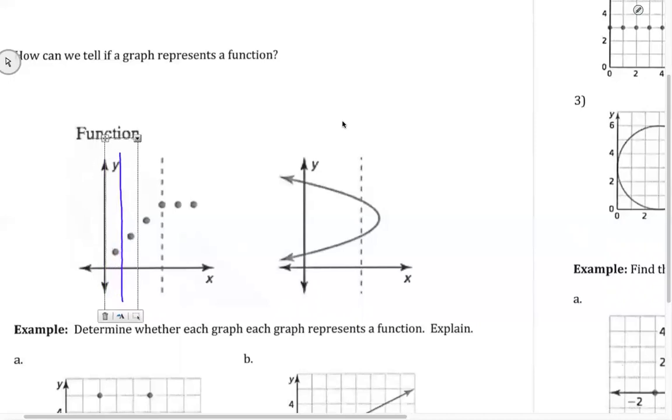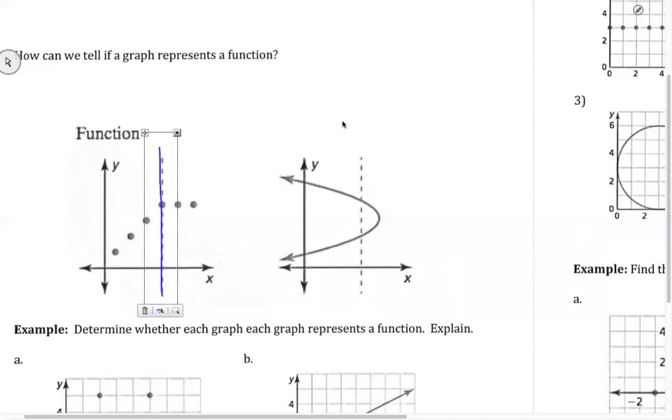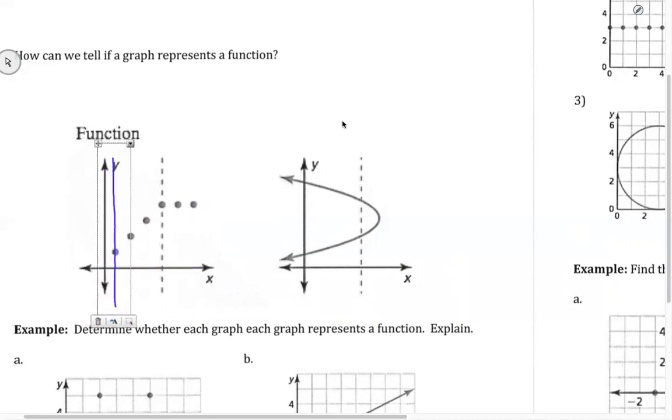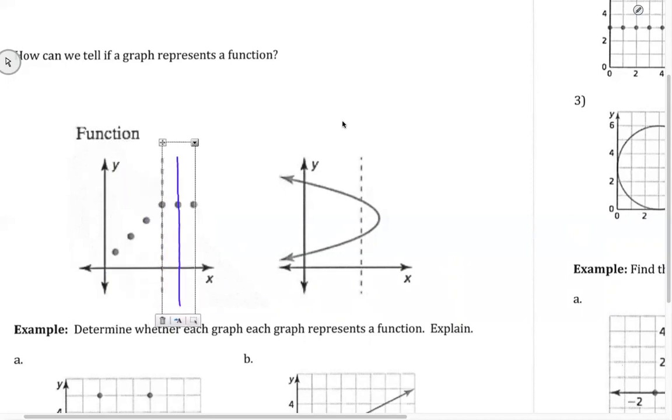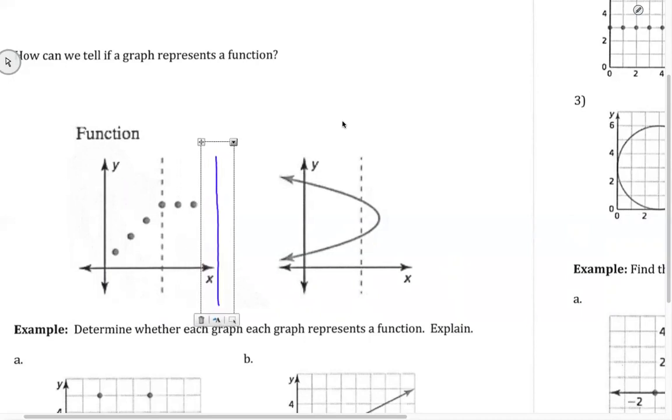At any point on my graph, there is only one dot that touches my blue line at any moment. Do you see that? Only one dot, only one dot, only one dot. Do we all see that? This passes the vertical line test. Therefore, it's a function. Let's go to this one.